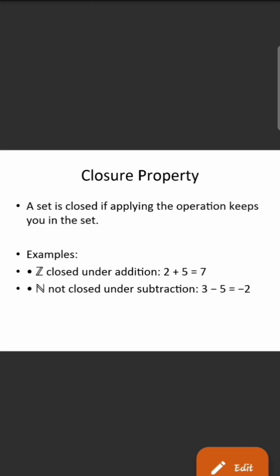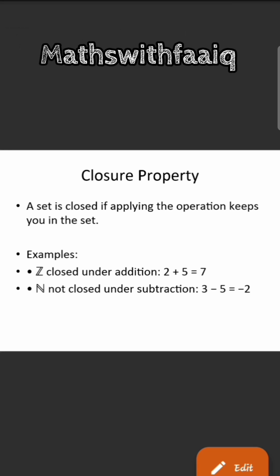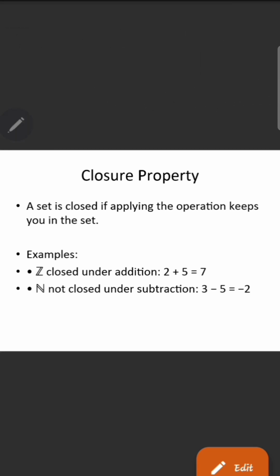What's the meaning of this? When you are given two sets, let me give you an example. When you have A operation B equals A plus B, and you are given two numbers.